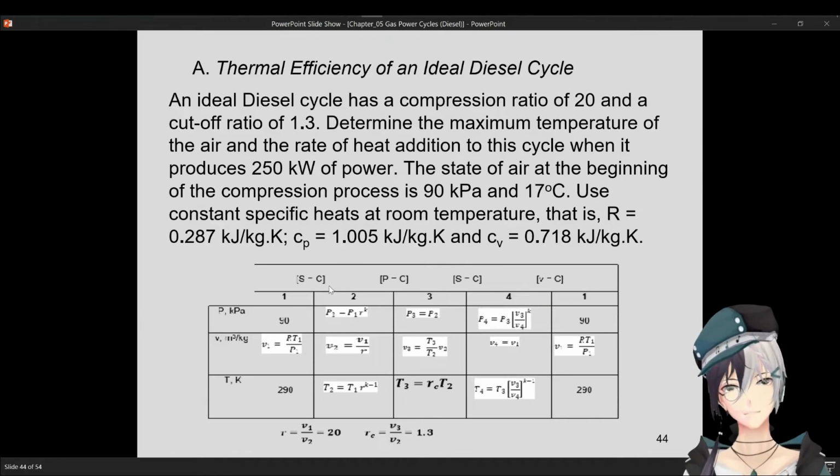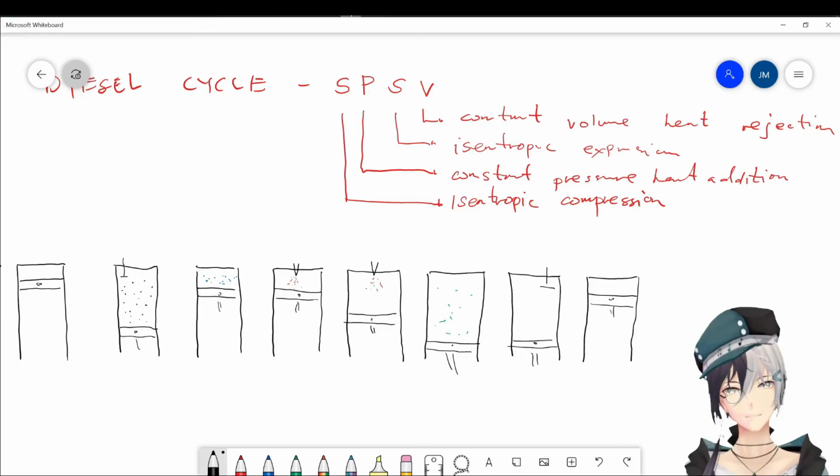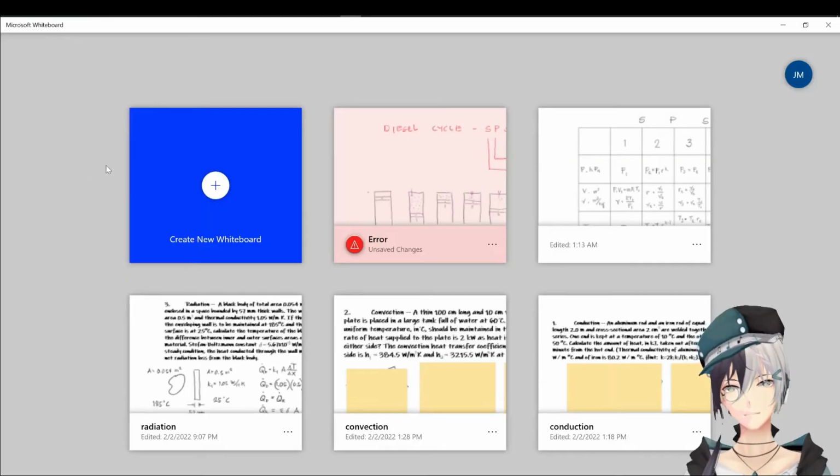So I have this table. This table is very useful.